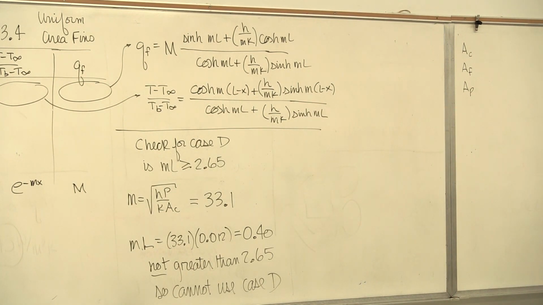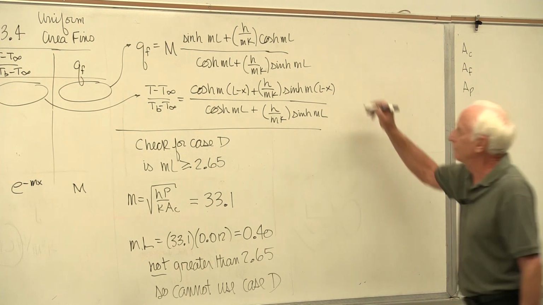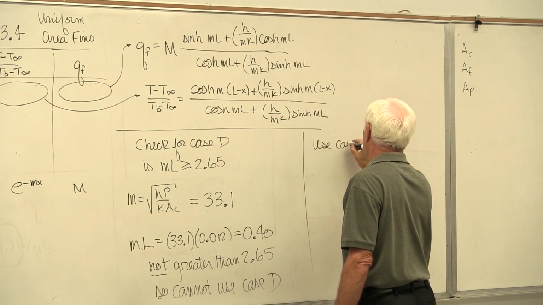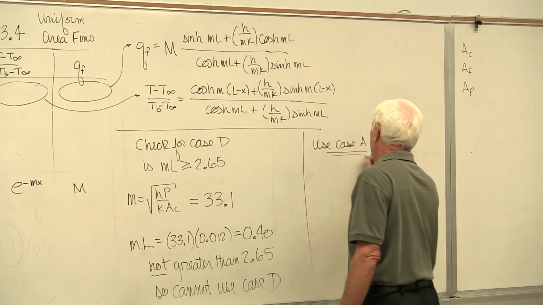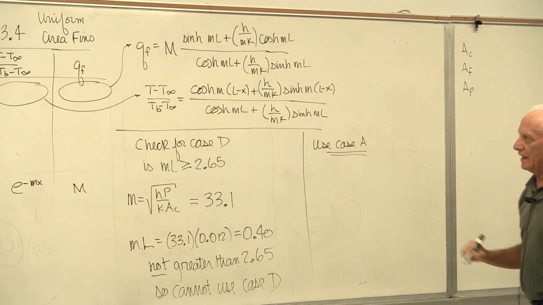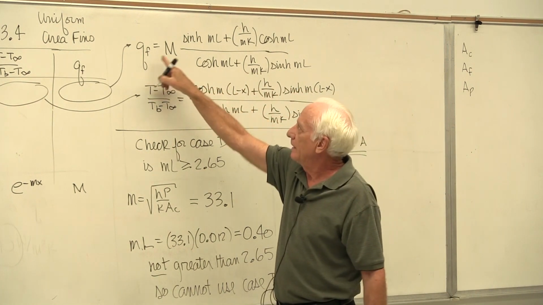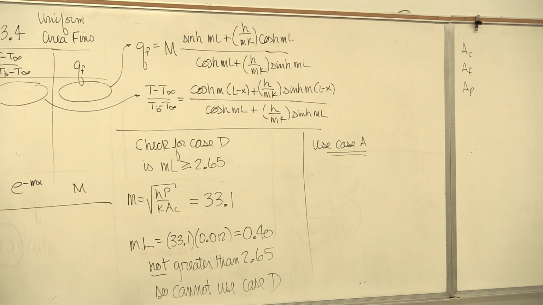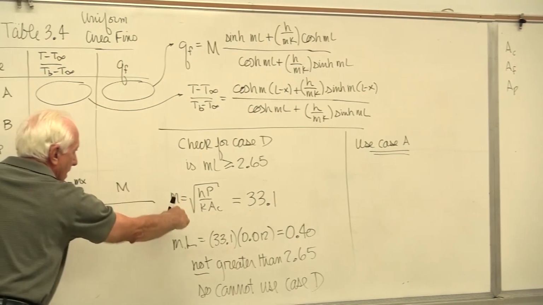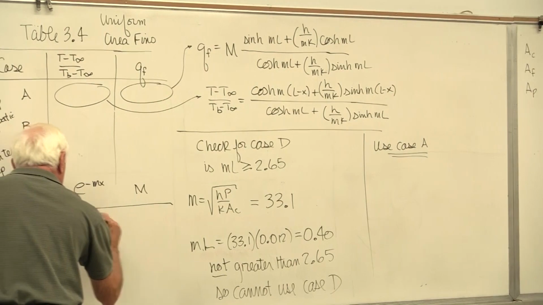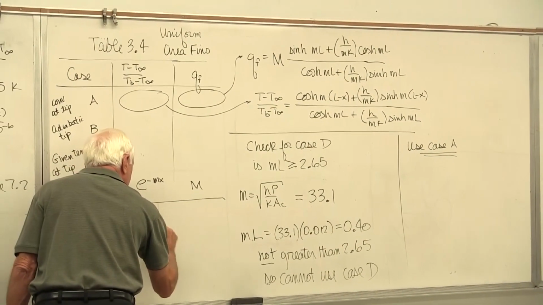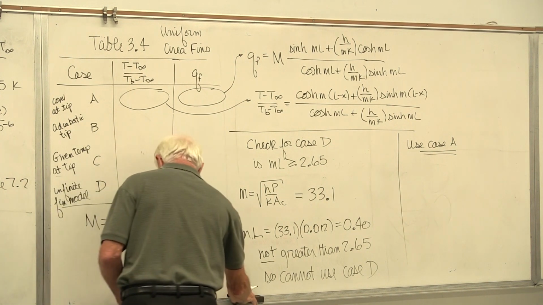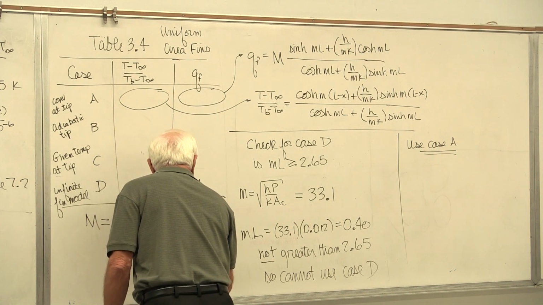All right, I've got to use case A, the tough one. There it is, case A. For Q fin, I've got to find capital M. Capital M is the square root of H P K A C times T base minus T infinity.